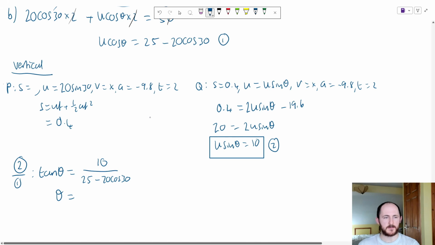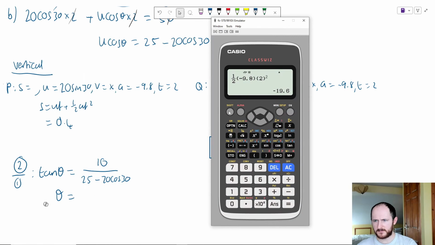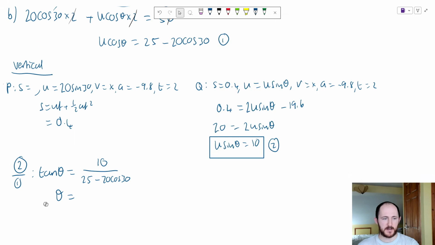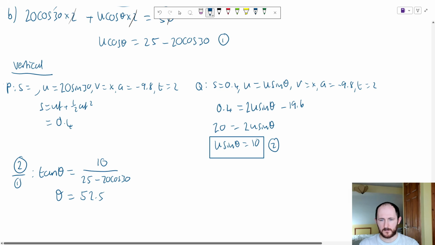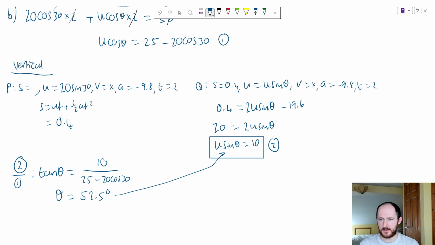So theta equals something, 10 over 25 minus 20 plus 30. 52.5 degrees, which is correct. Into here, we get u is equal to 10 over sine 52.5.